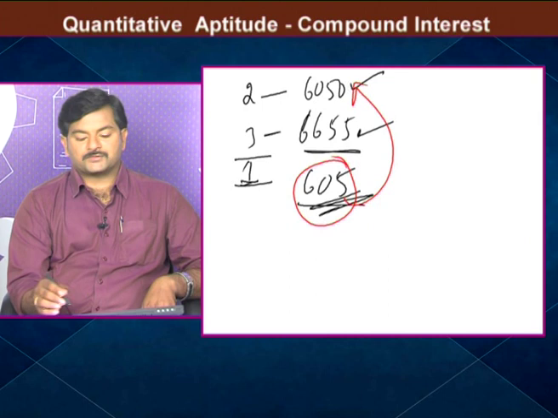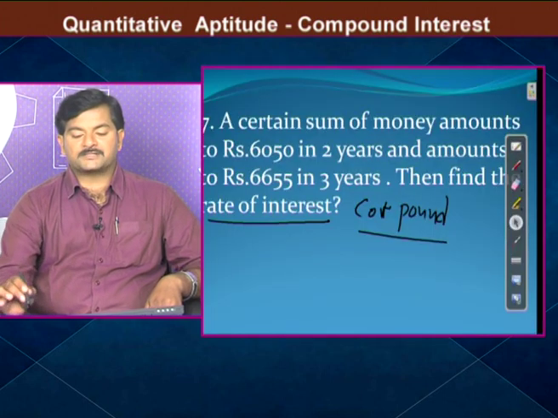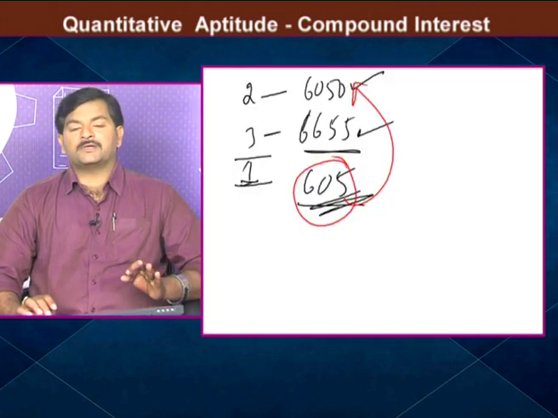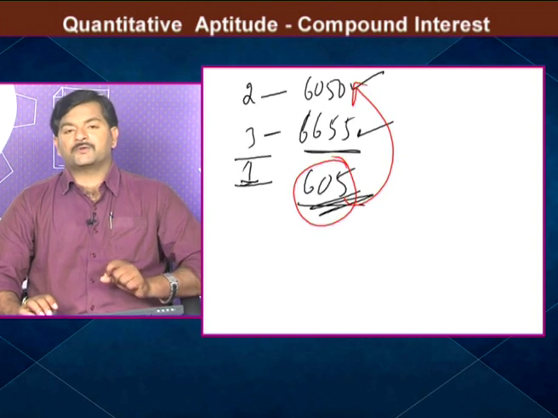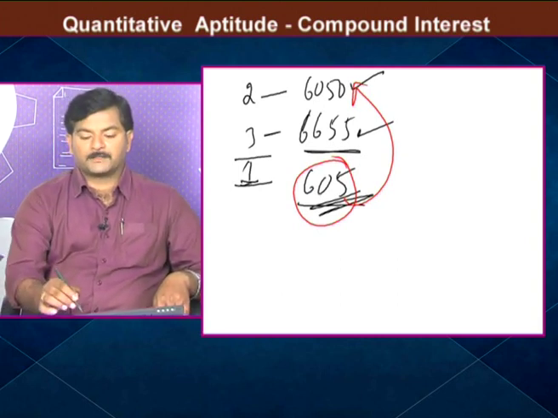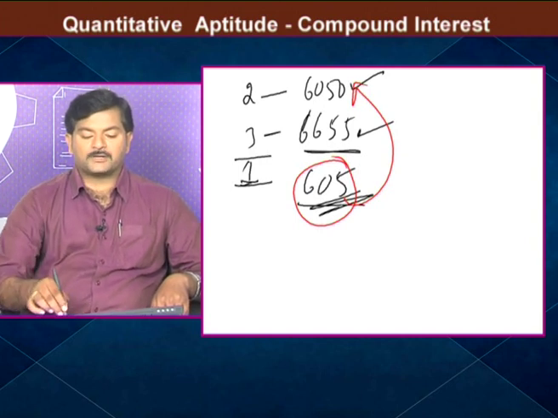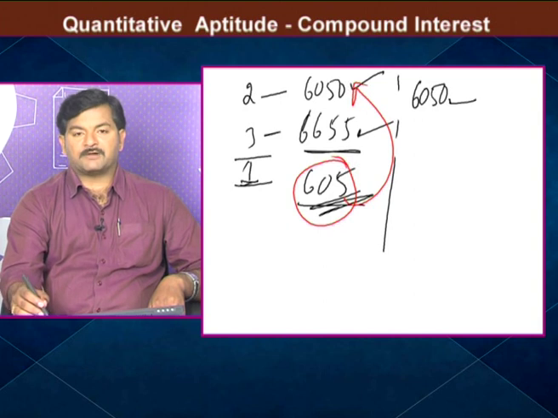That's why. So what he asked to find out, then find the rate of interest. What rate of interest here? Remember, compound rate of interest. Candidates should remember. So here it is only appearing as rate of interest, so we have to imagine that it's compound rate of interest. So it should be CI, not SI. Since it is a case of compound interest, how we are going to solve is: 6050 rupees, my interest is what I am getting? 605.